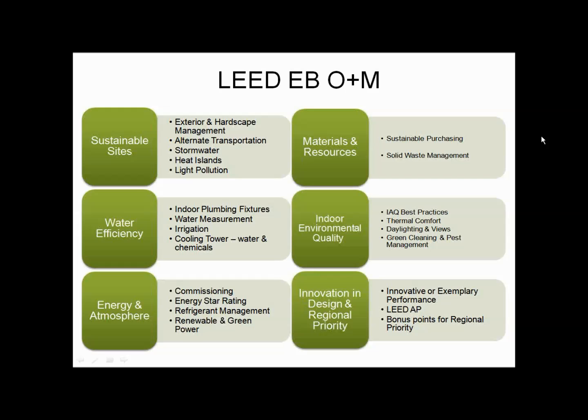And when we talk about materials, it's about purchasing, the things that we buy that go into the building, everything from paper and ongoing consumables and electronics. If we can do that more sustainably and then manage how that waste goes out through recycling and waste stream audits, that's where we get into materials for EBOM. And then IEQ is pretty straightforward, and innovation and design.